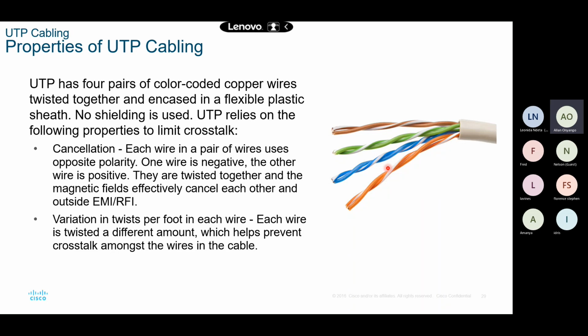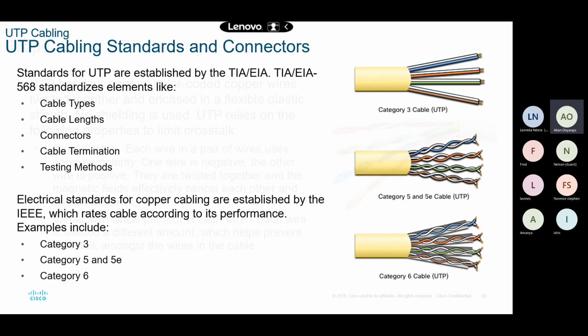They are twisted by a machine, and the machine gives each and every pair its own twisting magnitude to prevent against crosstalk. Now, these cables come with different standards and connectors, and different cable lengths, cable types, termination methods, and testing methods. And so it is important to note that each cable carries a different amount of bandwidth.